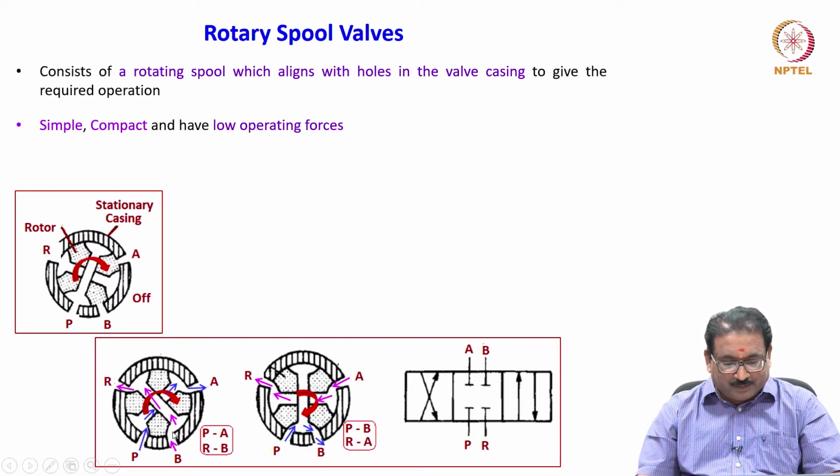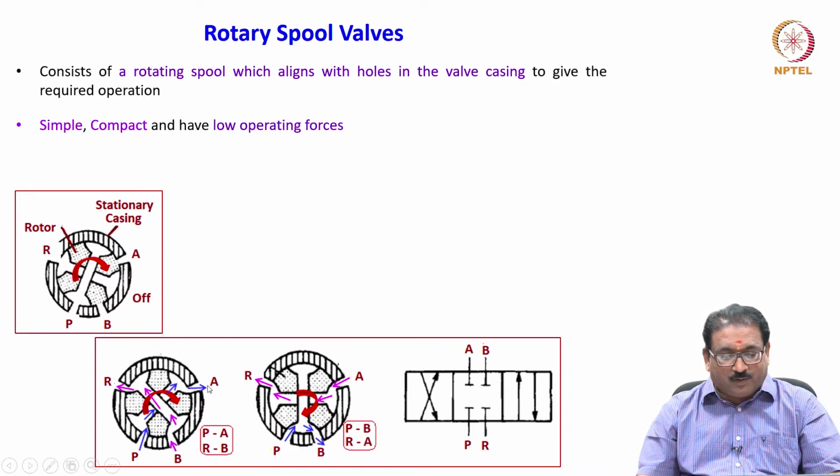You see here in this position, when it rotates inside the stationary casing, all ports are blocked. When it rotates like this, what happens, friends?